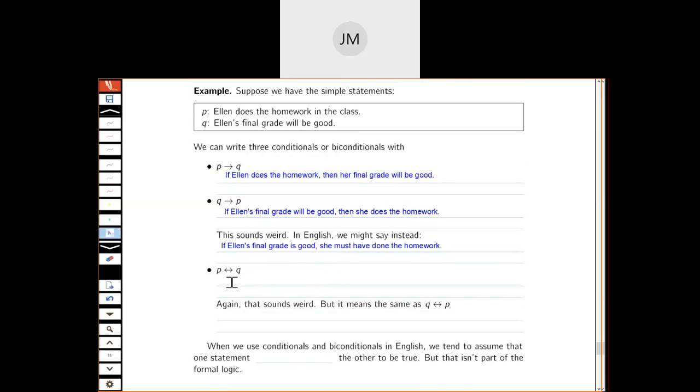All right, so let's look at the biconditional statement, P if and only if Q. If I write that out by translating directly, this will say Ellen does the homework if and only if her final grade will be good.